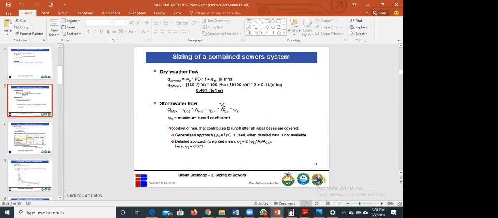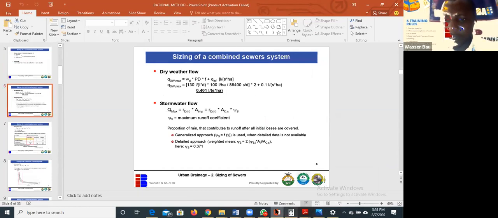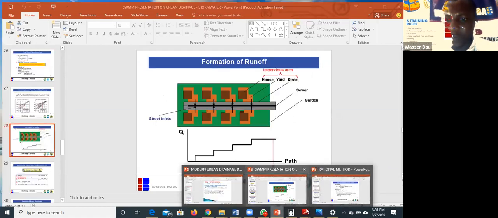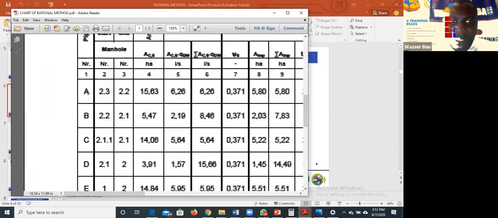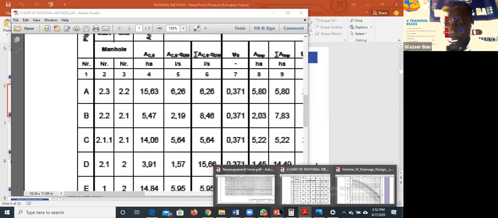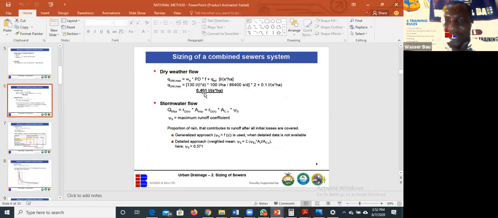Here, this is the wastewater flow. So, for instance, for catchment A, the area is 15.63, and then the wastewater flow is about, as given here, 0.401 liters. How did you get to that?